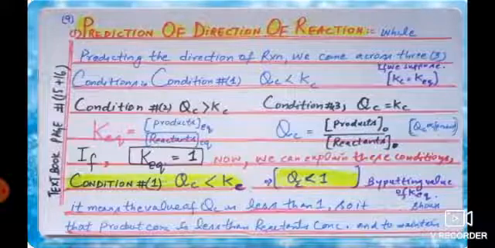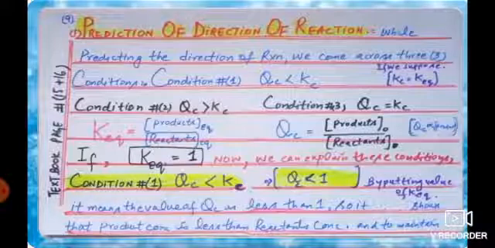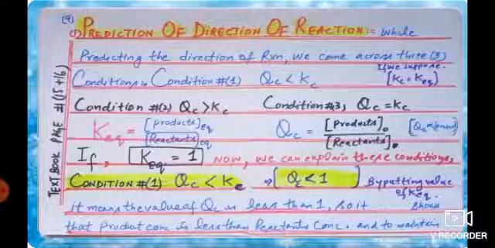Somewhere it is given as the concentration at any time, while in some books it is given as the initial concentration for Qc. So it is the ratio between the initial concentration of product to the initial concentration of reactant. So 0 shows that the initial concentration is given here.